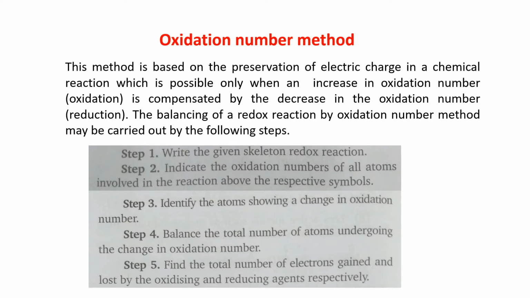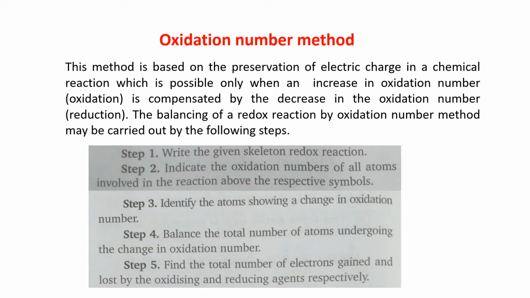Balancing redox reaction by oxidation number method. This method is based on the preservation of electric charge in a chemical reaction, which is possible only when an increase in oxidation number, that is oxidation, is compensated by a decrease in the oxidation number, reduction.